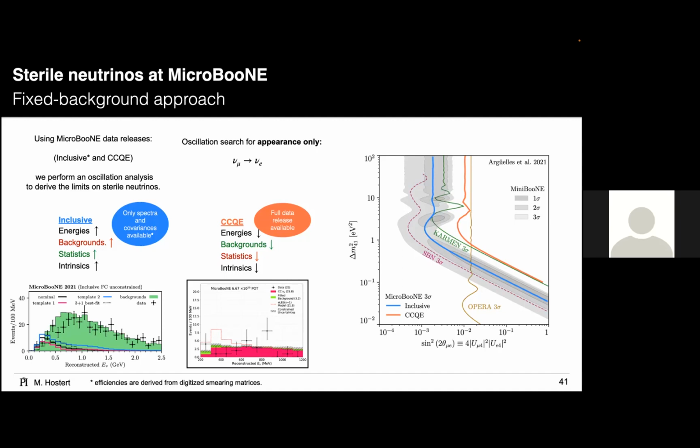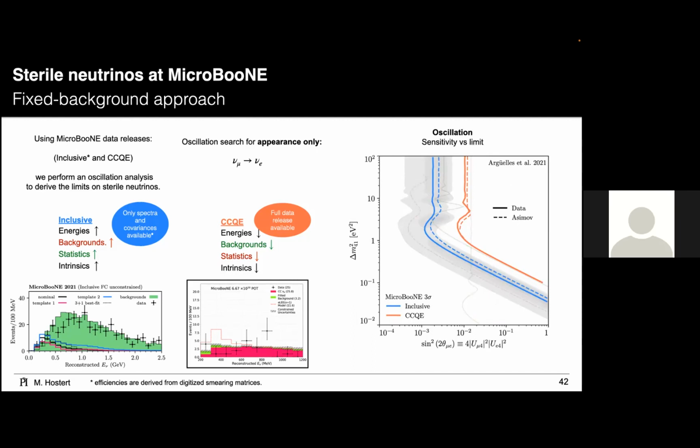So the conclusion here is that in the simplest oscillation model, if I take the inclusive sample, which is the more sensitive one, that excludes most, but not all of the 1 sigma region of MiniBooNE. So there is still parameter space left. It does not actually fully cover the MiniBooNE regions of preference.